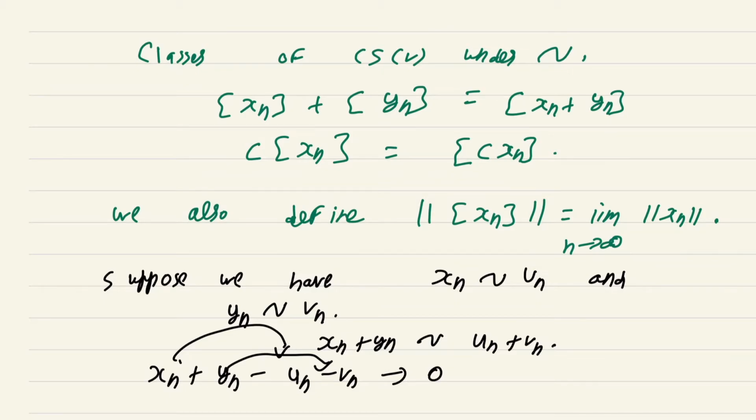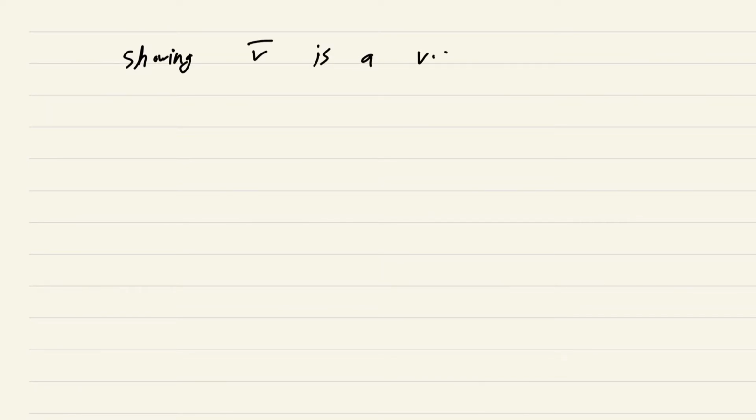Now, once you have these operations, showing that this V closure is a vector space is just a long but easy check. You have to check each and every one of the axioms of a vector space.